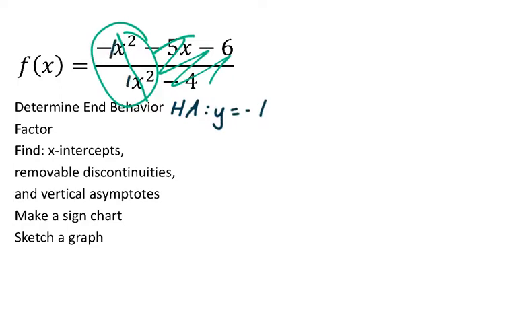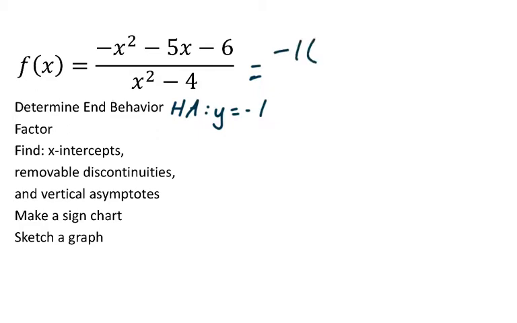All right. Then the next thing I'm going to want to do is factor. The first thing I want to do out of the numerator is factor a negative 1. Notice that they're all negative. That'll give me x squared plus 5x plus 6. I'm going to use my factoring rules then.